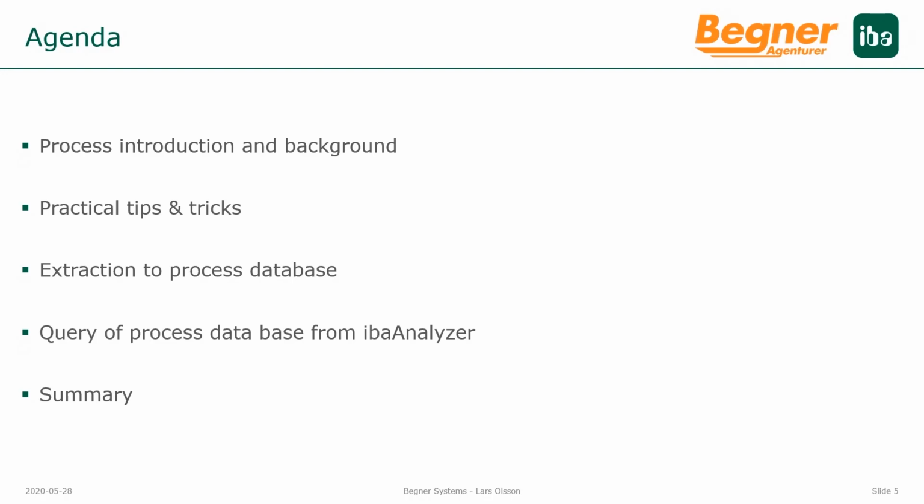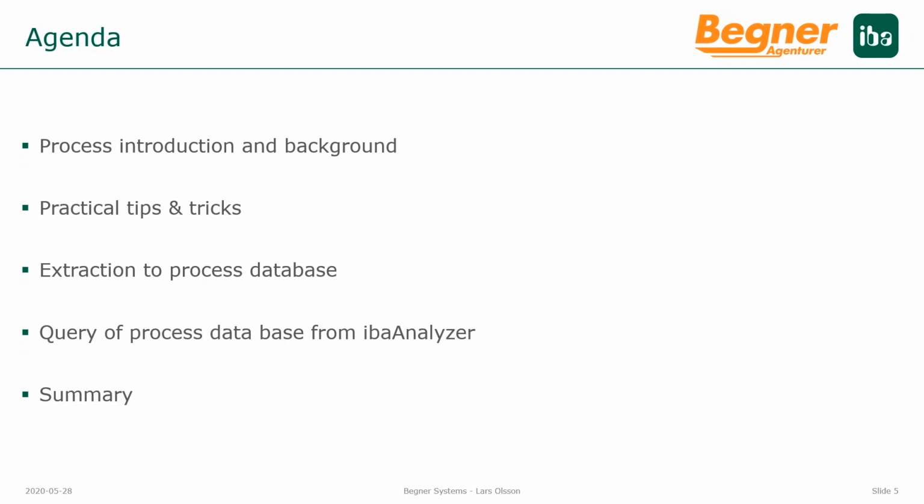I will also show you how to extract data in an aggregated form and as segments into some kind of process database that you can have in your factory, or just locally on your computer if you do some kind of investigations.